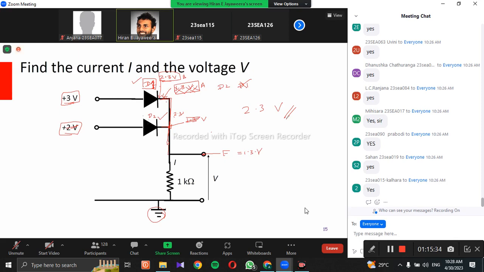Whenever there is a contradiction, this is what happens. Let's say you supply 0 volts here and 2 volts here. This gets forward bias and this voltage becomes 1.3 volts. And all of a sudden, when you supply 3 volts here, this gets forward bias and this gets reverse bias automatically, and this voltage becomes 2.3. Are you getting my point?